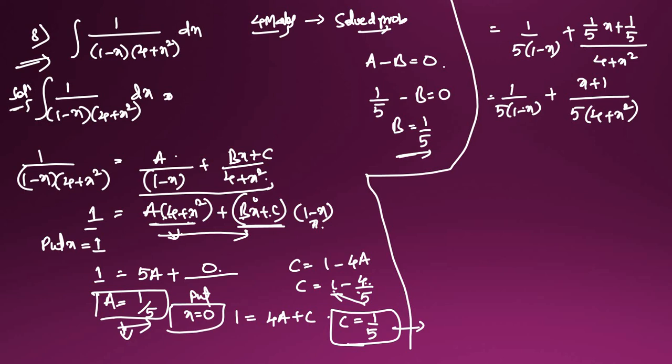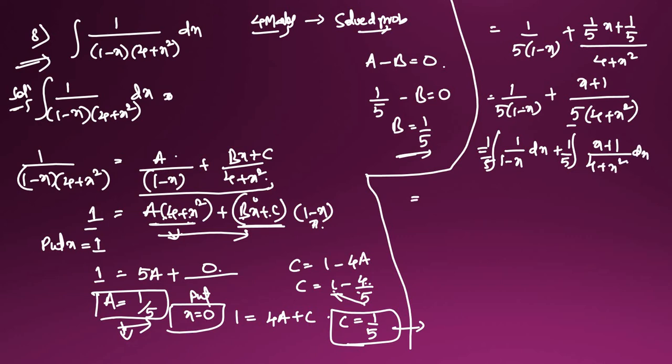As per the question, we have to take the integration on both sides of the equation. It will become 1 by 5 outside, into 1 minus x dx, plus integral 1 by 5, this 1 by 5 outside, x plus 1 divided by 4 plus x square dx.